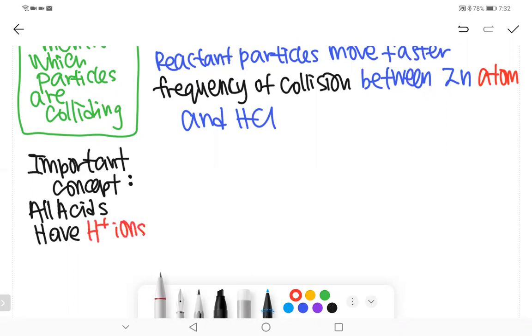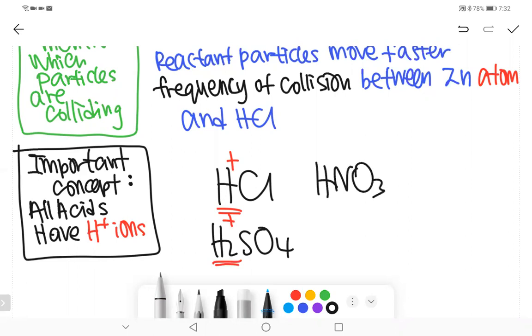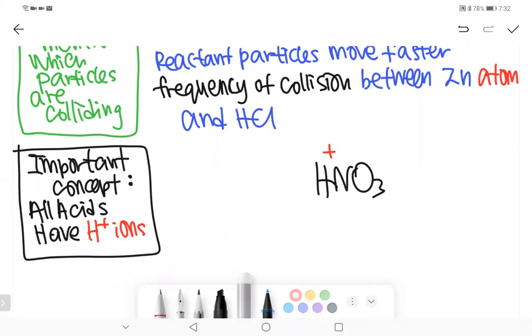Hydrochloric acid has H plus, sulfuric acid has H plus, nitric acid has H plus. The most important thing in acid is H plus.